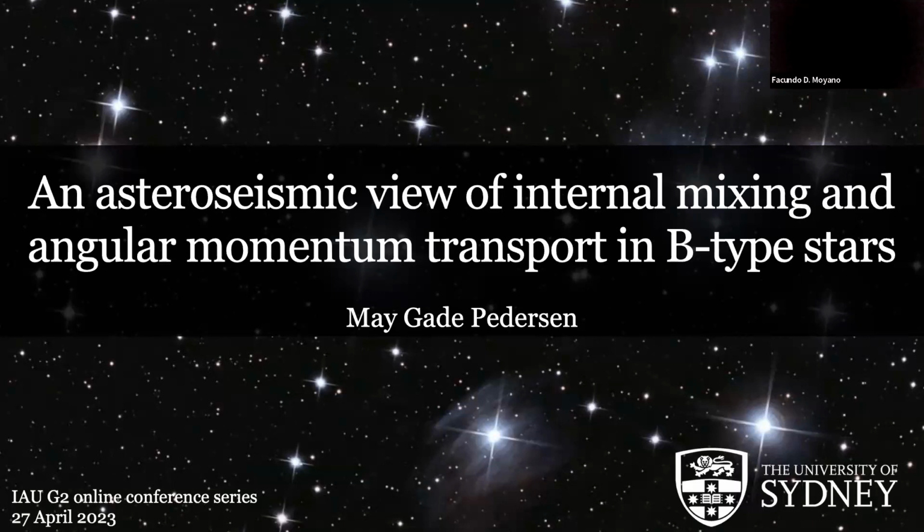Go ahead. So my question was about the G4 type stars, the ones that are close to the end of the main sequence. I was wondering about potential selection effects at high rotation rates, because, for example, for gamma Doradus stars, we know that it's more difficult to obtain the rotation rate of the g-mode cavity if the star is rotating fast. So, are there any selection effects, or do SPB stars suffer from the same problem?